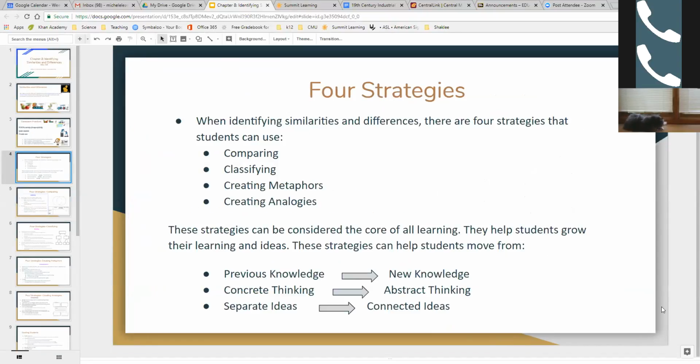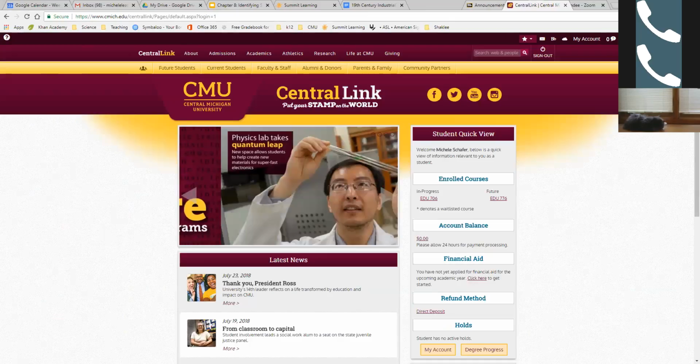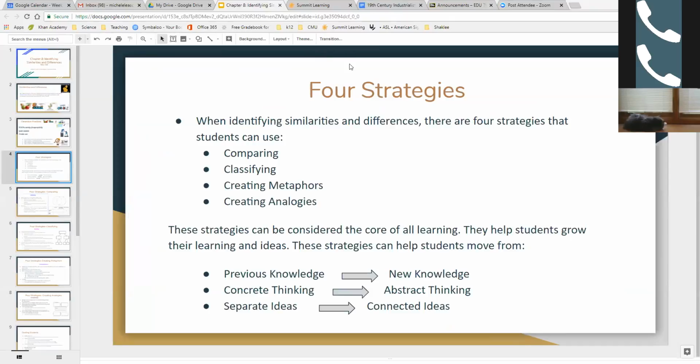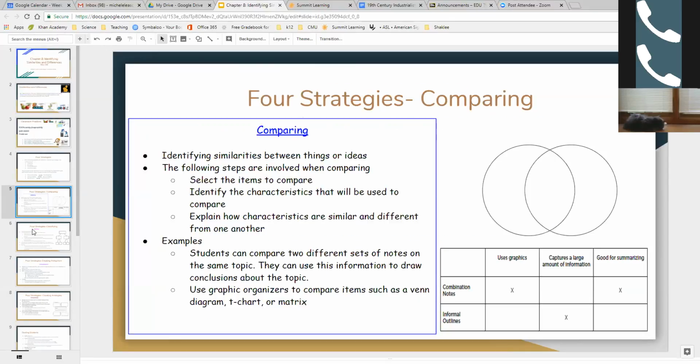Contrasting is another word that we hear frequently. With comparing, contrasting is also another word that we hear often, but that just refers to identifying the differences, while comparing can cover both of those.